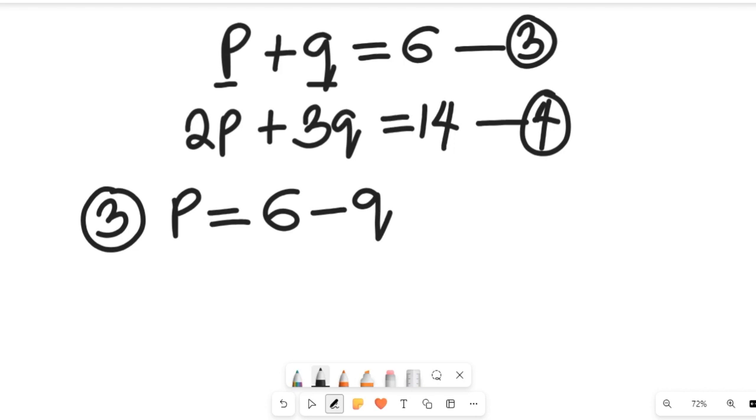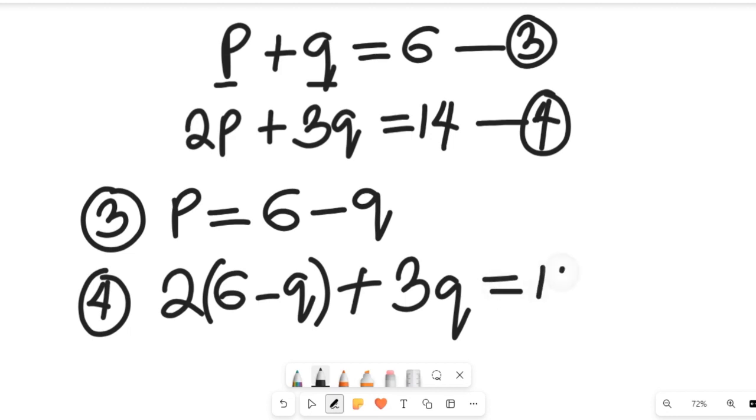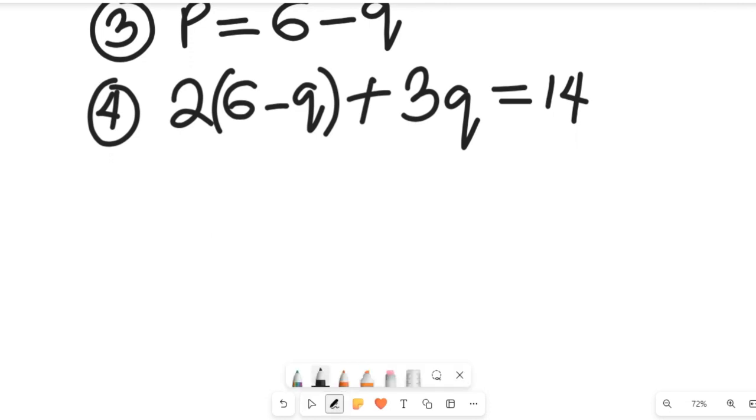So what we'll do now is to insert that variable into equation 4. If we insert that variable into equation 4, 2p will now give us 2 times 6 minus q, right, plus 3q, and this will be equal to 14. Now let's solve this expression to find the value of q, because you can see from that expression you can only see q, and p has disappeared because it has been substituted with 6 minus q.